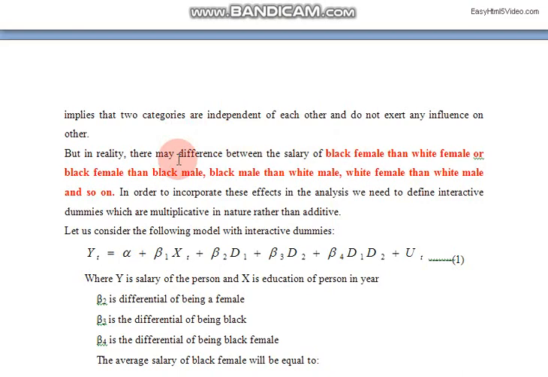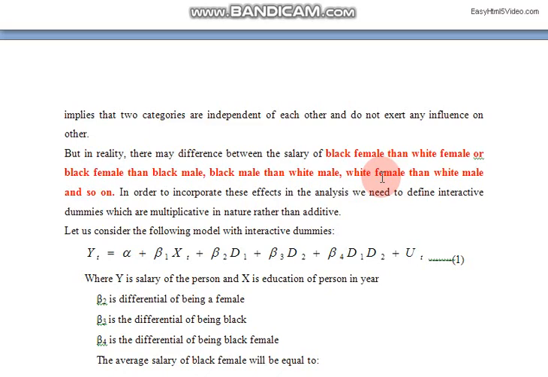But in reality, there may be differences between the salaries of black females and white females, black males and black females, black males and white males, white females and white males, and so on, because it is believed that females have lesser salary than males and black people also have lesser salary than white people.